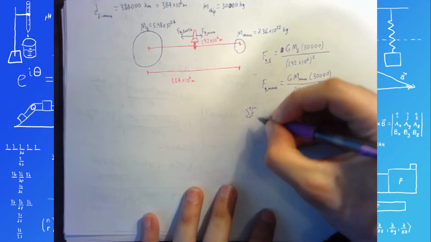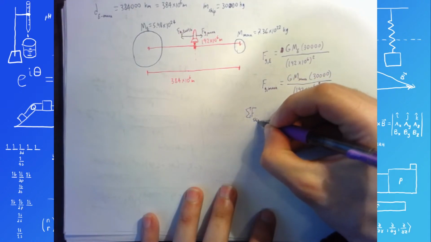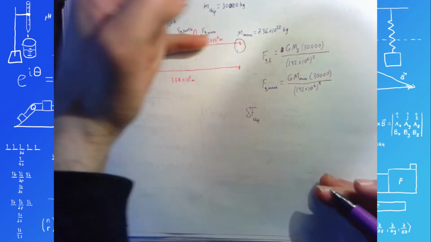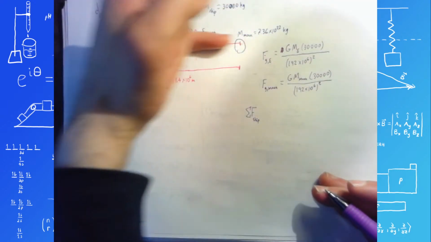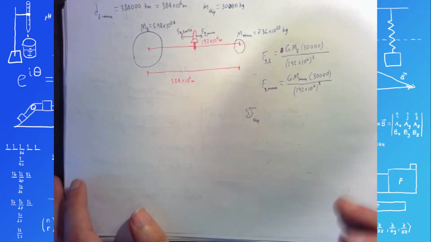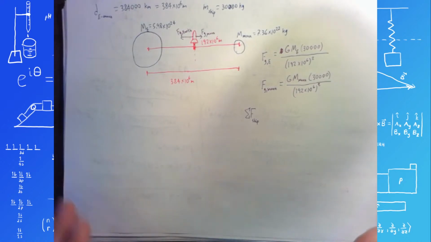Net force on the ship, and these directly subtract, because if the ship is halfway between the Earth and moon, then it's on the line connecting their centers, which is also the line along which the force of gravity is exerted.